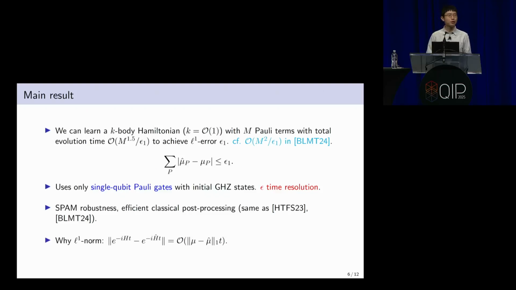So you might be wondering why I'm changing the error metric here, right? Previously everyone worked with L infinity norm, why L1 norm? So I would argue L1 norm is actually the natural error metric, simply because when you have an L1 norm guarantee, you get a guarantee about how well you can approximate the time evolution operator using your learned Hamiltonian. And this is actually the purpose of Hamiltonian learning, which is you use your learned Hamiltonian to predict things about the original system.